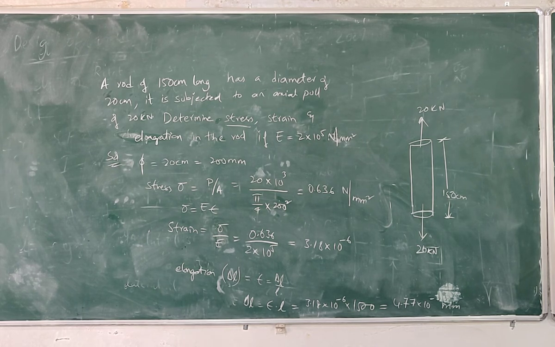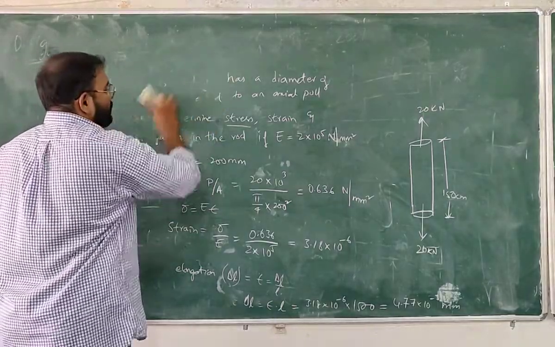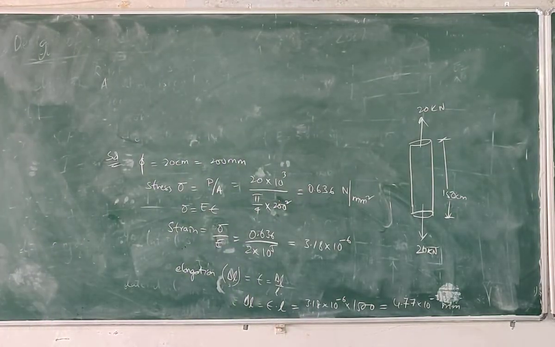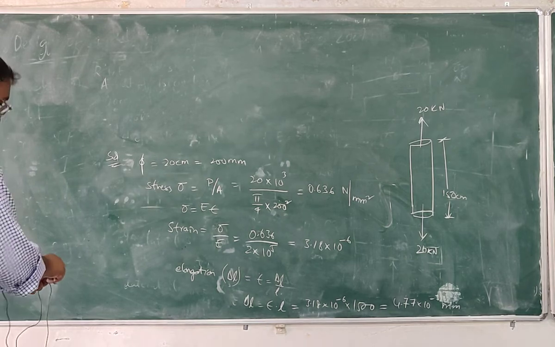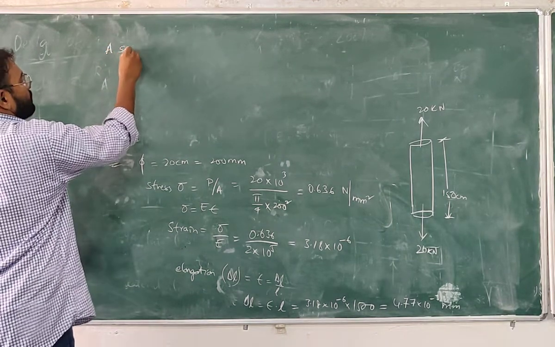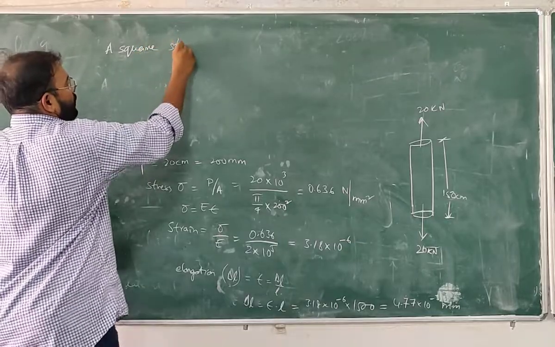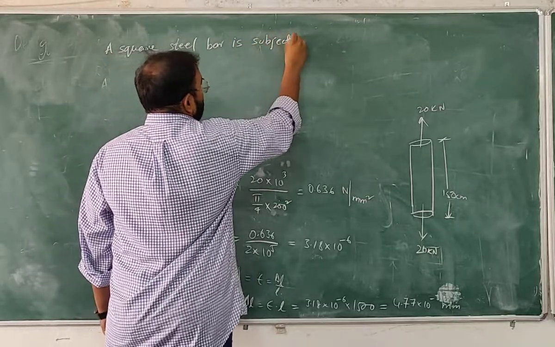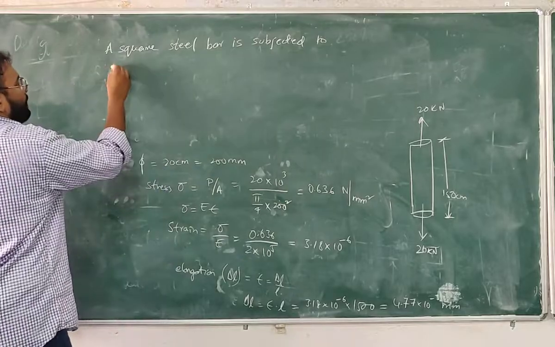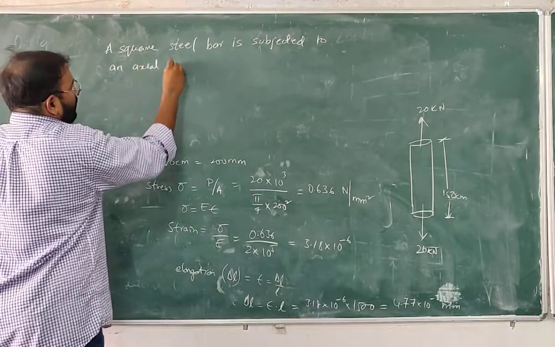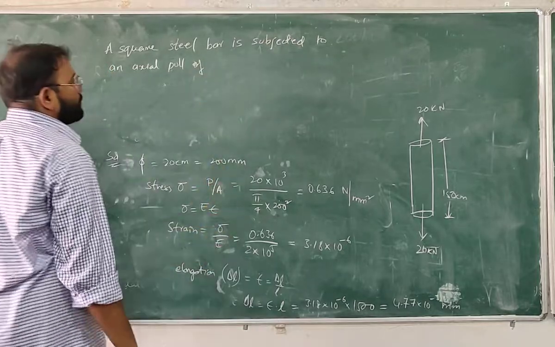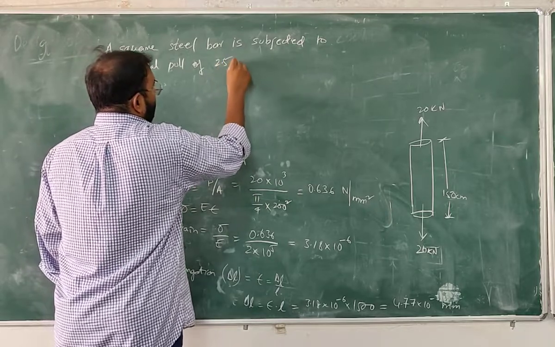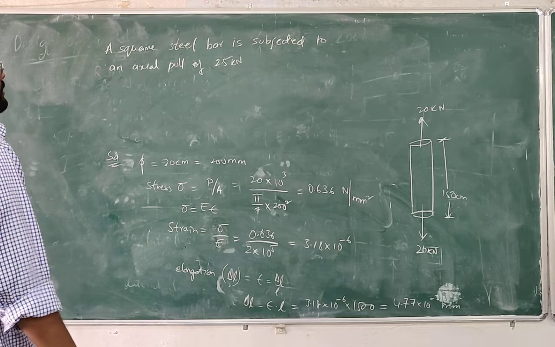Next, write down next problem. A square steel bar is subjected to an axial pull of 2.5 kilonewton.